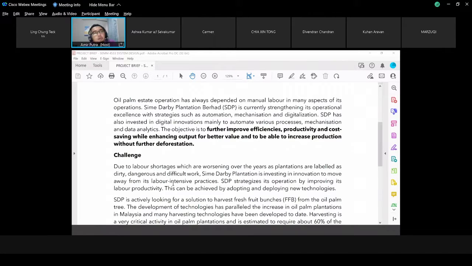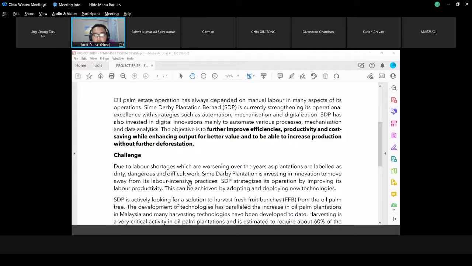As you all know, whether you know or not, I would like to tell you, the Malaysian government already came up with a policy, by 2025 if I'm not mistaken, to reduce the number of foreign workers almost by half, and by 2030 there will be no more, or maybe around 10% only, foreign workers in this kind of industry.